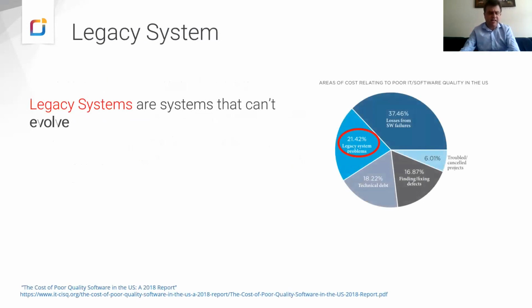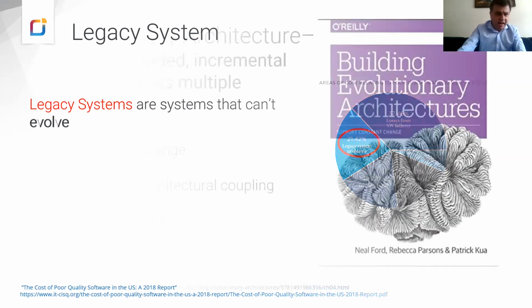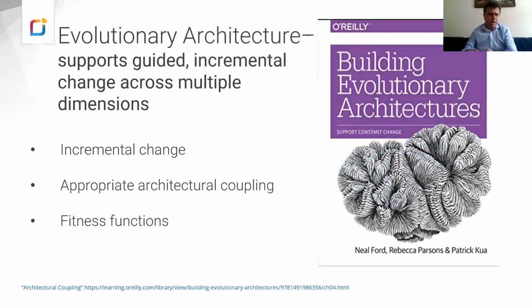Another thing which holds us back from being productive is relying on legacy systems. For me, legacy systems are systems that cannot evolve, simply because you are stuck because of mainframe stuff and so on. You would like to move forward, but only one person in the company understands this. And now we will bring in another definition, evolutionary architecture.